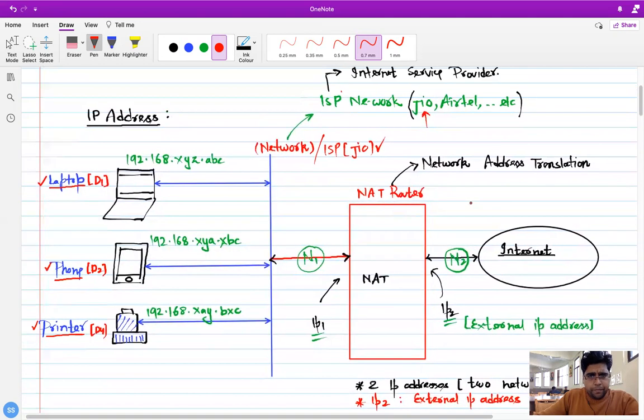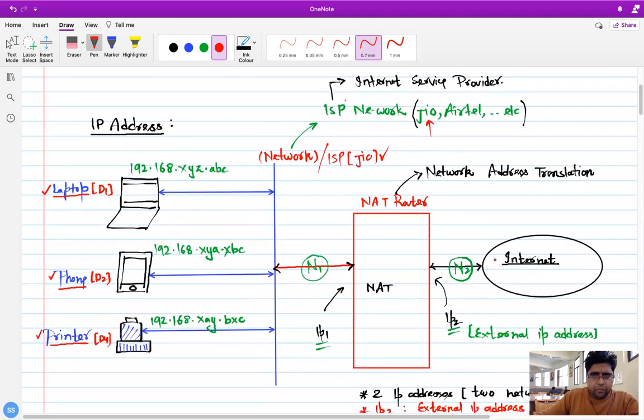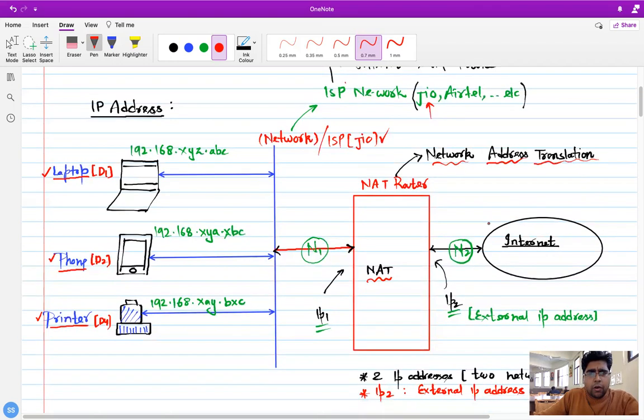So if this ISP is providing you the internet, it means it should also be connected with the internet. Okay. So in order to connect with the internet, we use a NAT router. So what is NAT? NAT stands for network address translation. Okay. Or the translator.